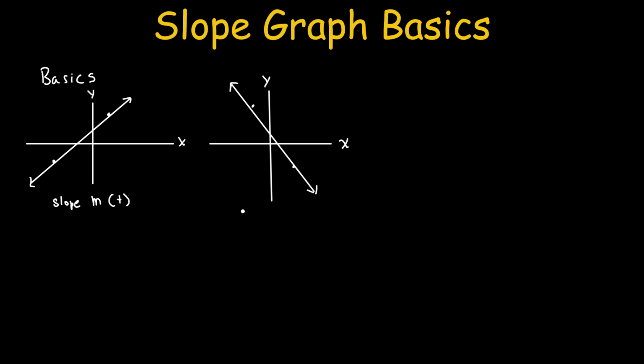And this line is actually falling. It's falling from left to right. So the slope m here is negative. And when it's negative, the line falls, like I said, from left to right. And this is something that's very important to learn because it helps you predict the slope of a line.